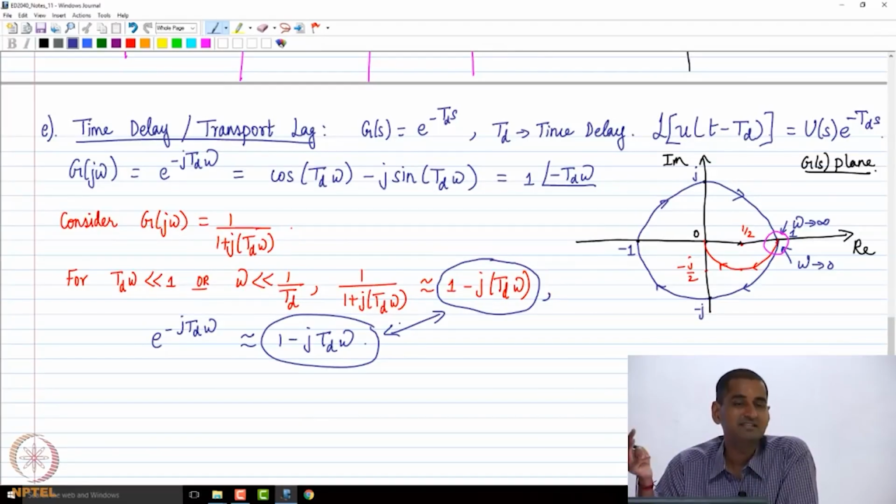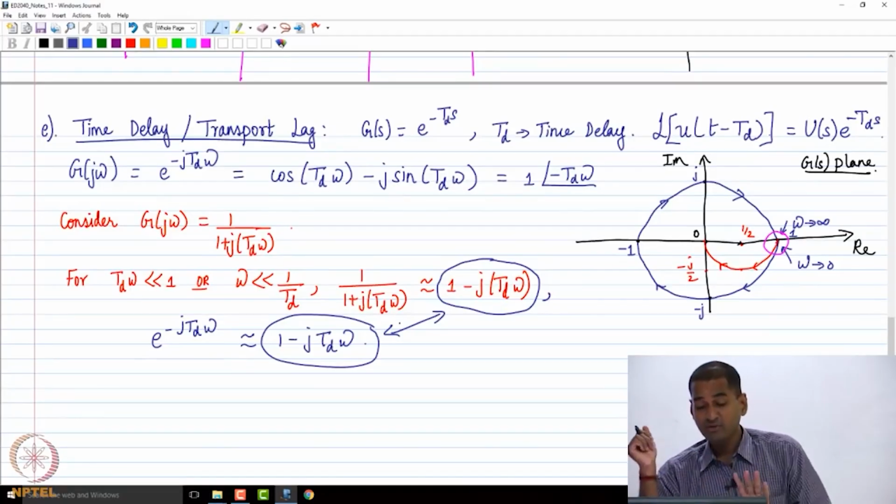For example, let's say TD is 0.01, then I need to ensure that I am subjecting the system to frequencies which are lower than 1 by 0.01. So that is something which I need to be careful about. Then that approximation is very reasonable.